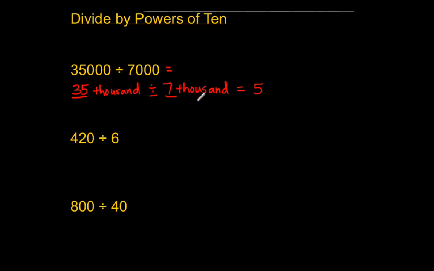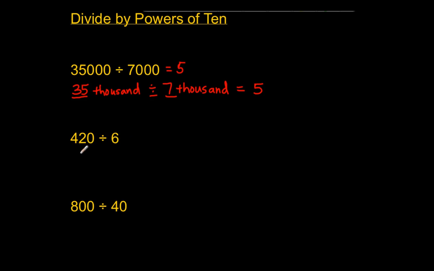Essentially we're asking how many thousands are there in 1,000? Well, there's only one 1,000 in 1,000. So I multiply this number by 1, and the answer to this is 5. So 5 ones are 5. And that's why the answer to this problem is 5. So 35,000 divided by 7,000 equals 5.